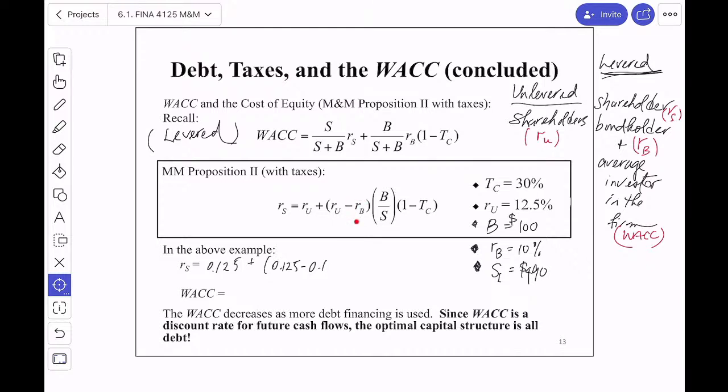The return to bondholders, or the risk associated with it, is lower. It's a low risk asset relative to equity, right?